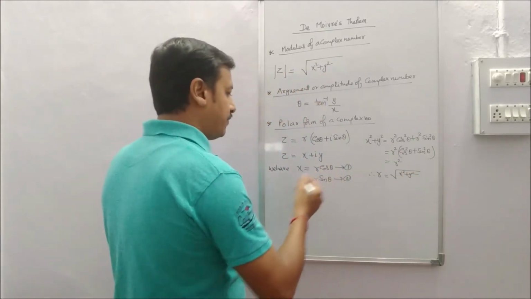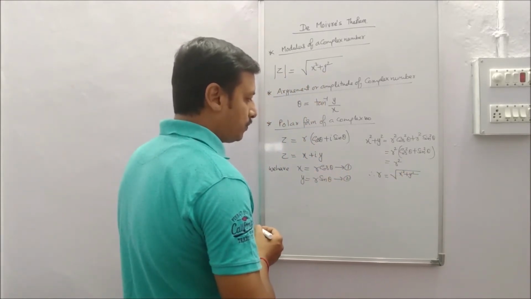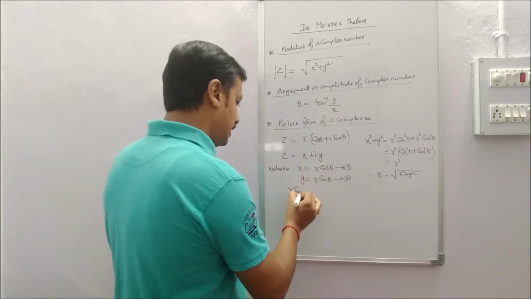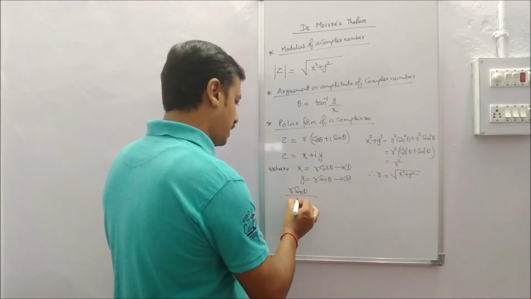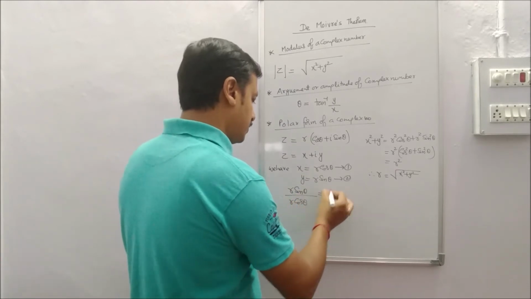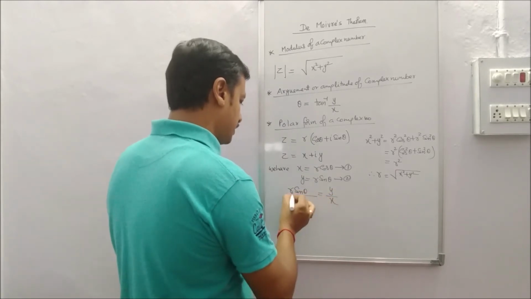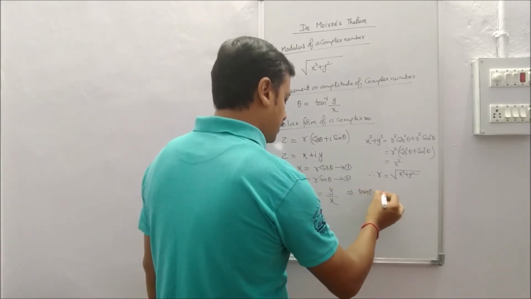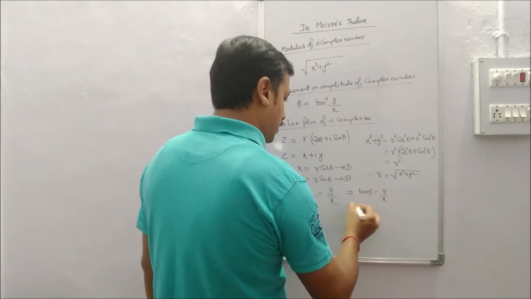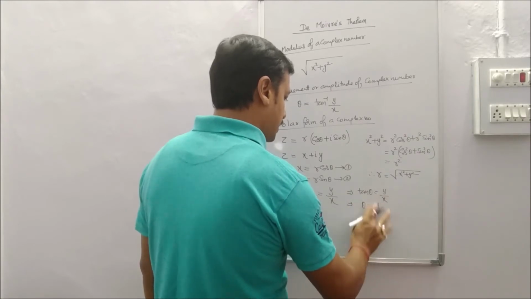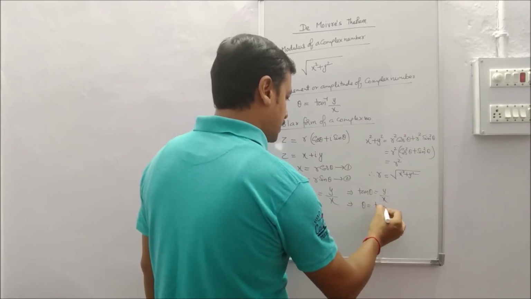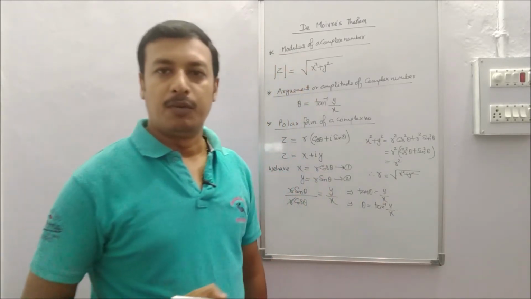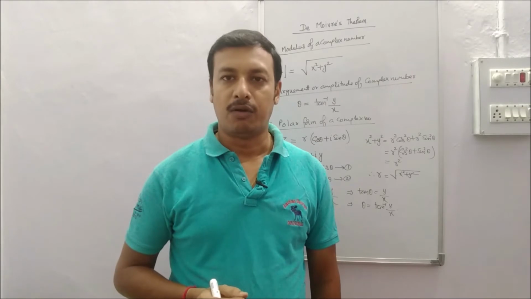Similarly, if we divide 2 by 1, then r sin theta divided by r cos theta is equal to y by x. r cancels out. So tan theta is equal to y by x, or theta is equal to tan inverse y by x. This is the polar form of the complex number.